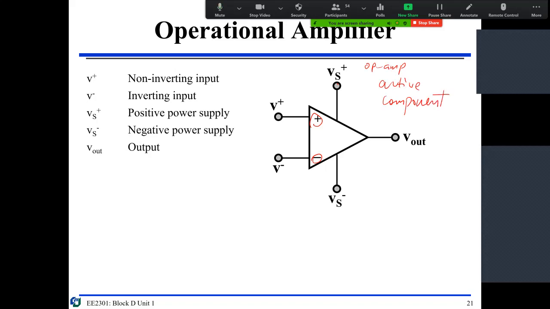While RLC works for you without a power supply, so it's called passive. When you have RLC, it's passive without power supply, and with a bunch of them linked together, you're not going to make it blow up. So it's always safe or stable.